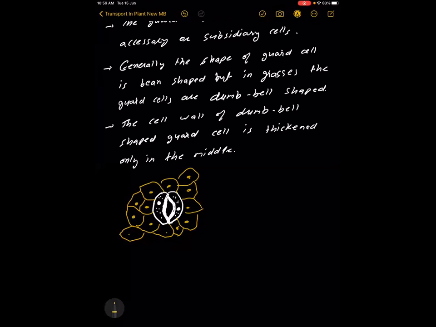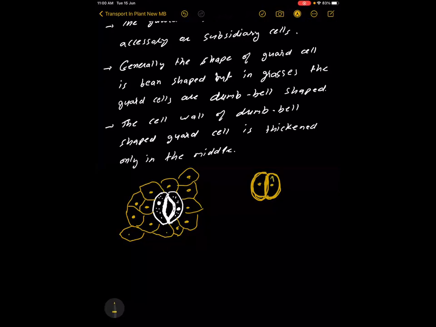Suppose these are the two cells, and they have overall similar structure of the membrane. Because of the thickened wall, it is non-elastic here. So no elasticity, only slight turgidity is developed uniformly all over the sides.